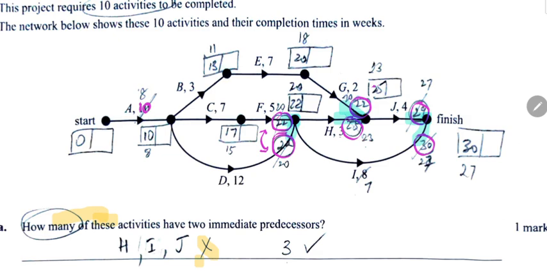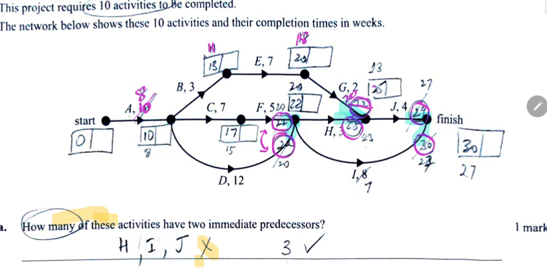Now if we were to reduce one activity by 2, let's see if reducing A by 2 to 8, so that's 8 plus 3, 11, and 11 plus 7 is 18, and 18 plus 2 will give me 20. That has definitely reduced 22 down to 20.